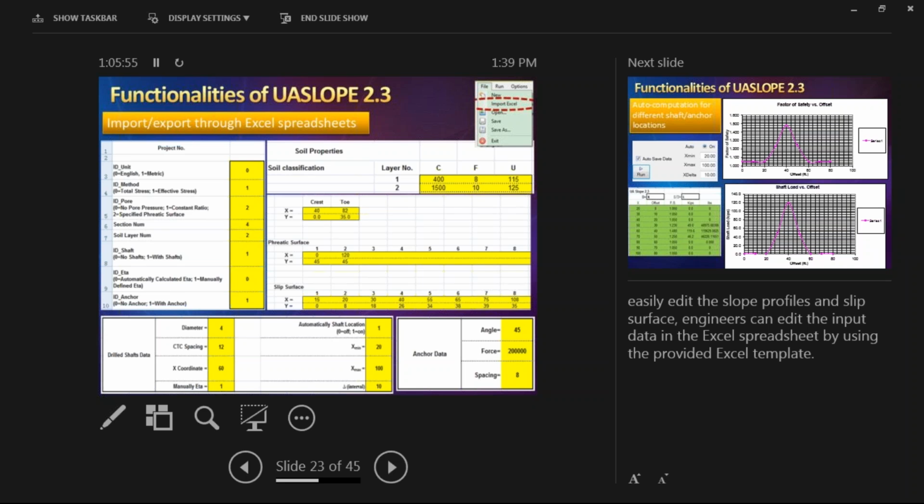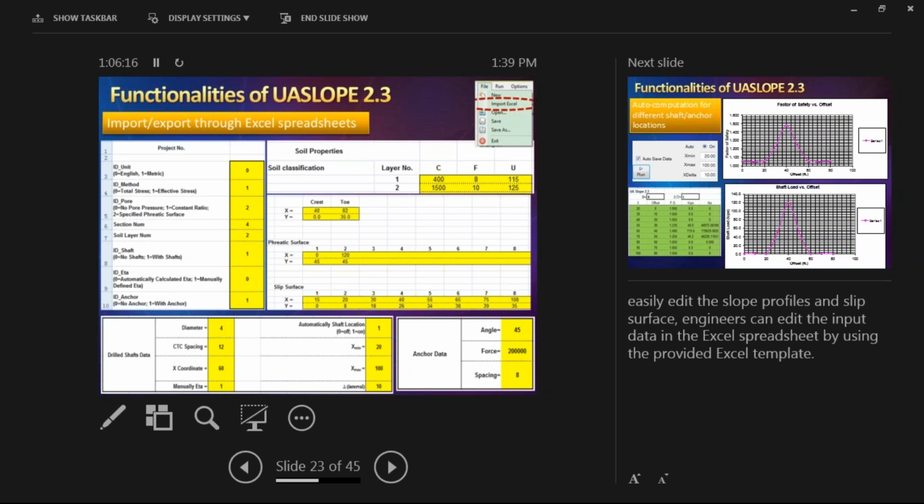Method of analysis, effective stress or total stress. We did mention in the report, we recommend to use the effective stress for all the cases, because usually we're dealing with existing slides, so it's a long-term stability issue rather than construction-related issues.